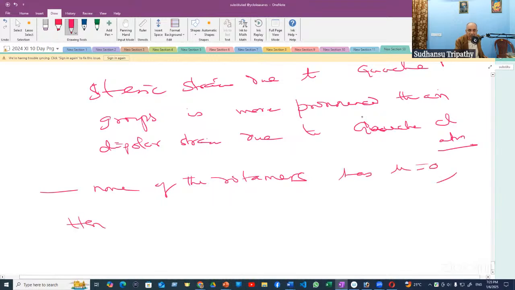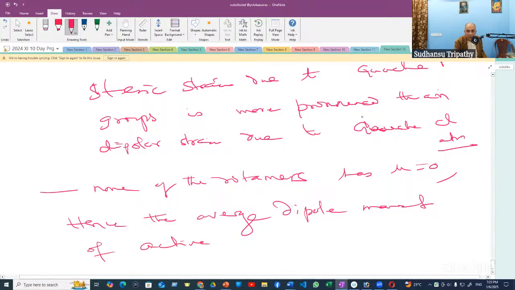Hence, the average dipole moment of the active form, because it is a weighted average of all the conformers, rotamers or conformers, the average dipole moment of the active compound is 2.85 Debye.